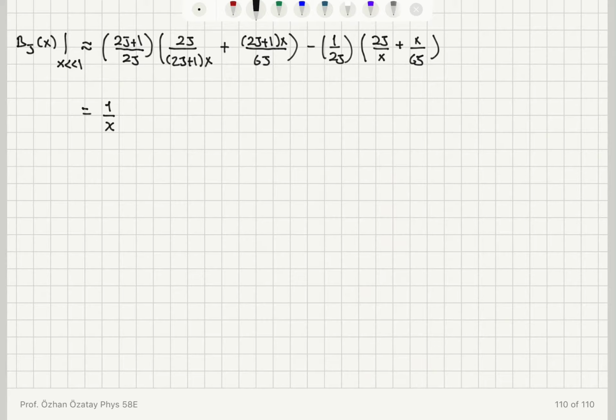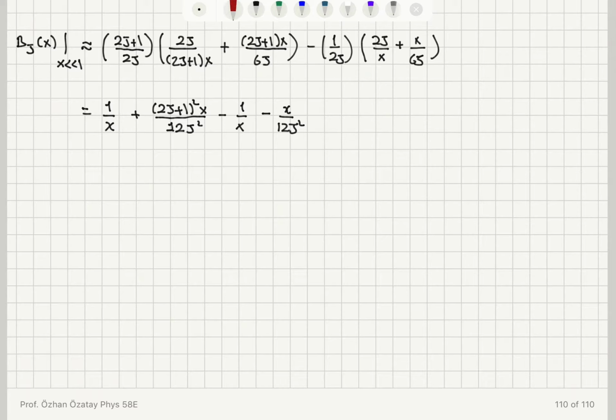The second term will be (2J+1) squared x divided by 12J squared. And then we will have minus 1 over x. And then we will have minus x over 12J squared.